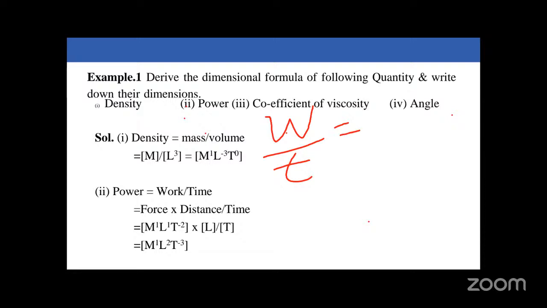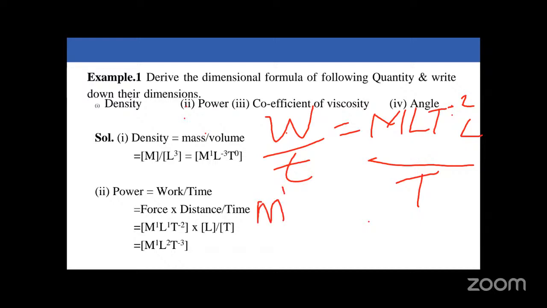So force, which is M L T minus 2, times distance L, then over T. If we put them together neatly, we have M1, L2, T minus 2 minus 1, because this T at the denominator will go up and become minus 1. So that gives us minus 3.